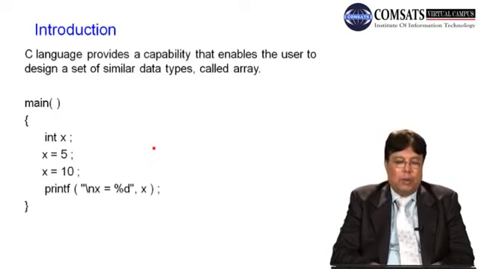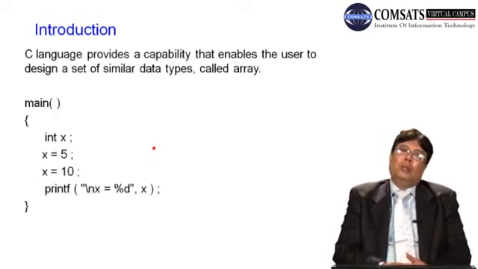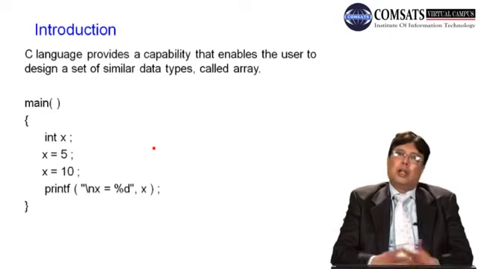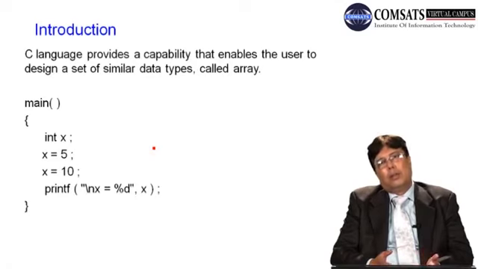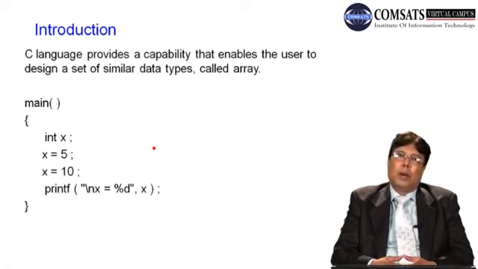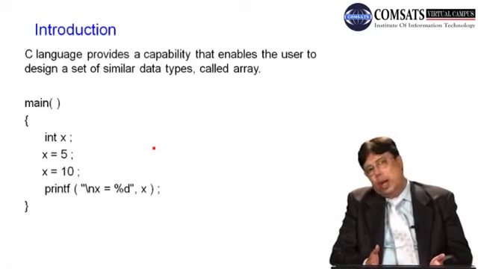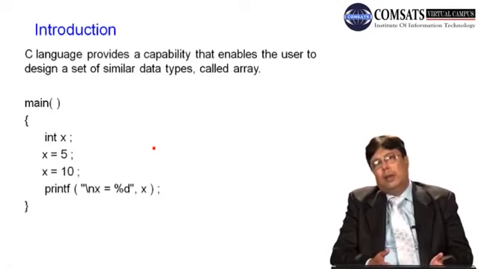Why? Because when we assigned a new value to the memory location, that was just a single memory location. So when we said x is equal to 5, the content of x was 5. When we reassigned another value, अब container तो एक ही है, location तो एक ही है, you put the second value.